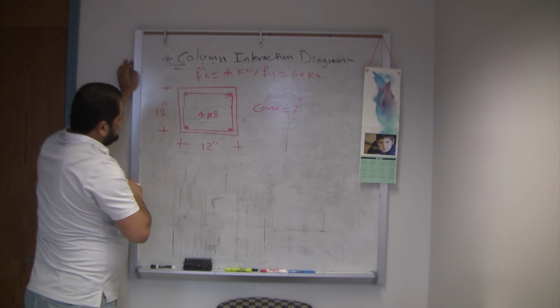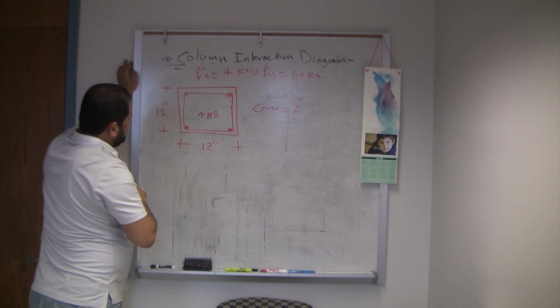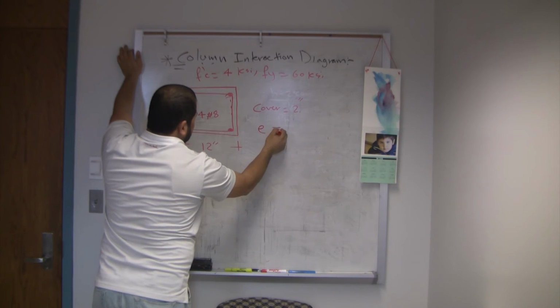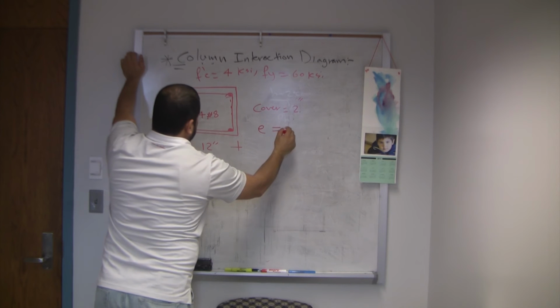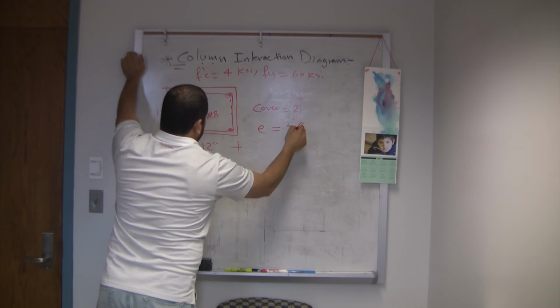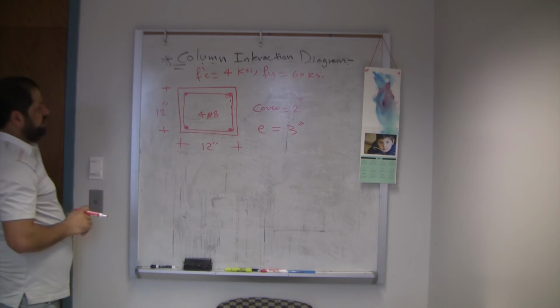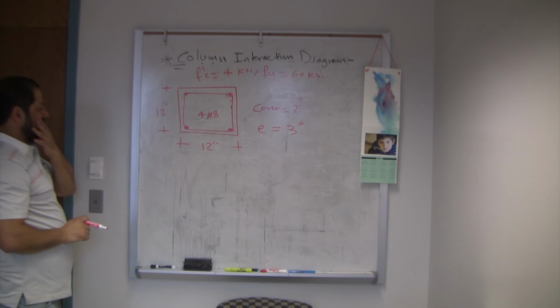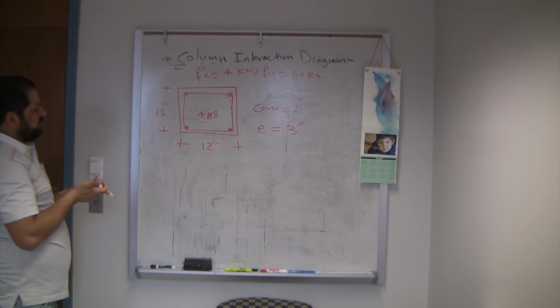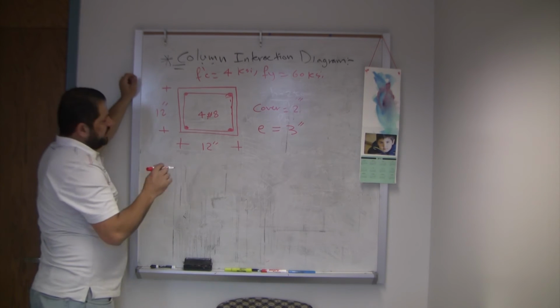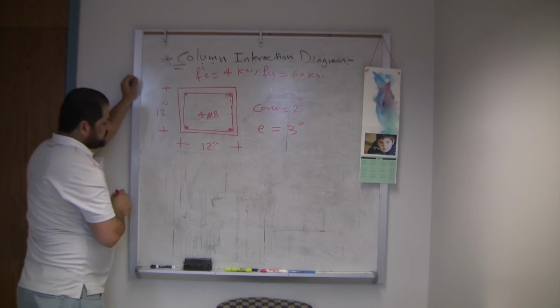Knowing that this column will have an eccentricity E equal 3 inch. The load will be applied with an eccentricity equal to 3 inch. What's Pn and what's Mn?